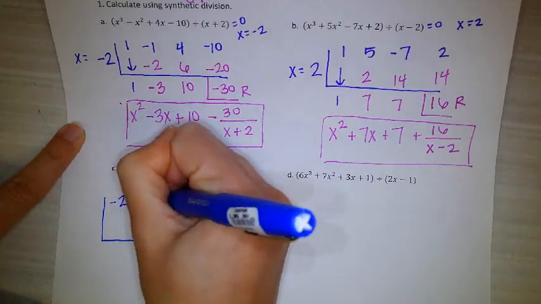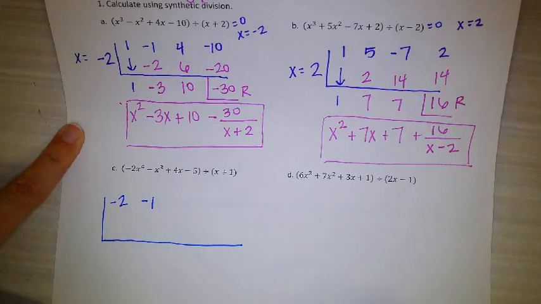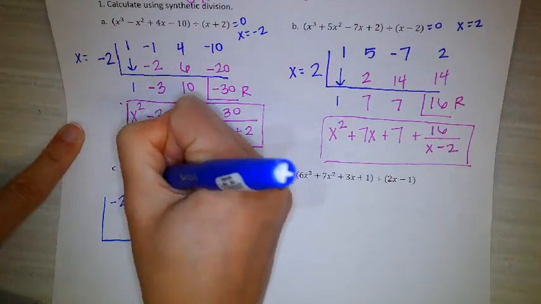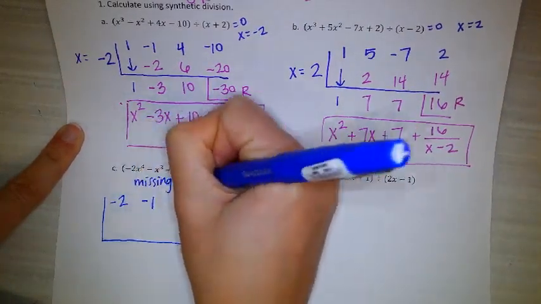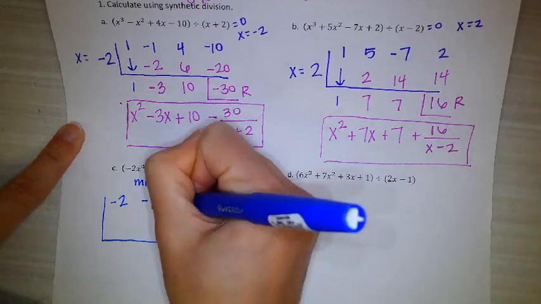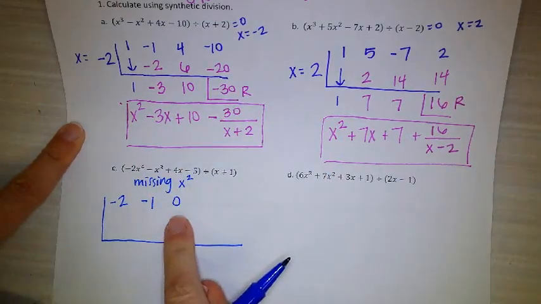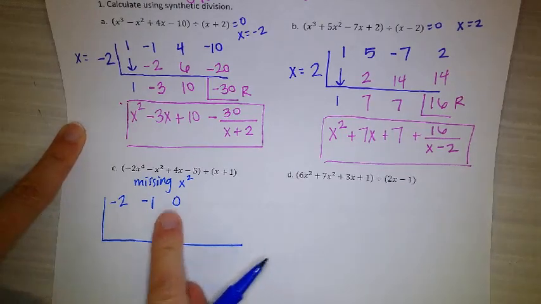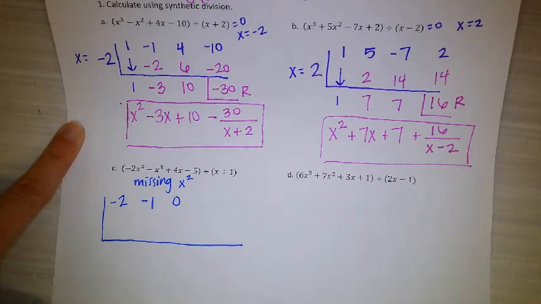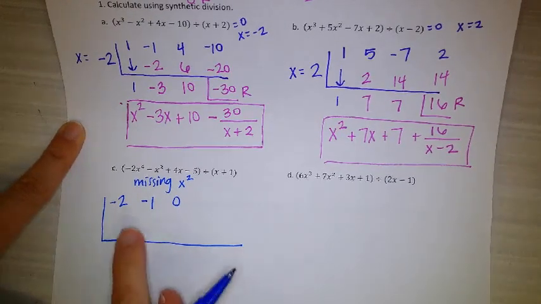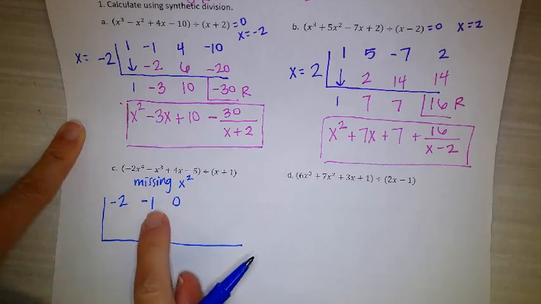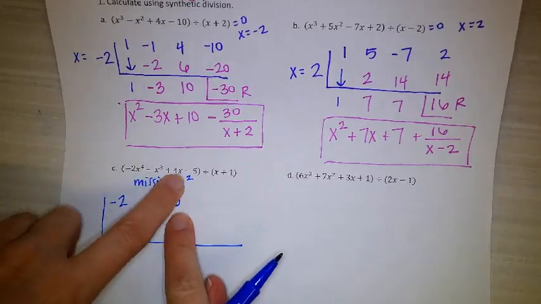Now this has a missing term. So since this is missing the x squared term, we have to put a 0 placeholder in that x squared spot. Otherwise, we're going to end up with the incorrect amount of numbers at the end. So x to the 4th, x cubed, there's no x squared, 4x, and -5.